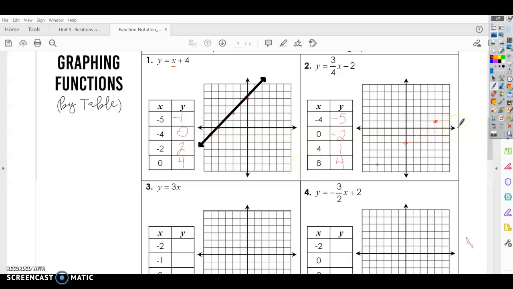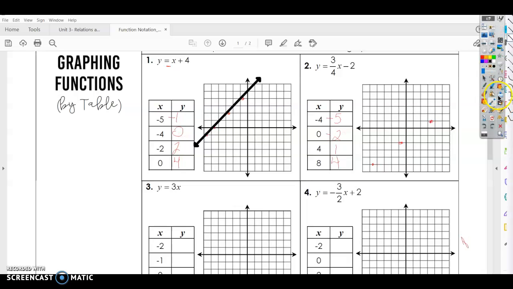And that one is off the graph, so I'm not going to worry about graphing that last point since my graph doesn't go up that far. Looking for my line again. There it is. All right.